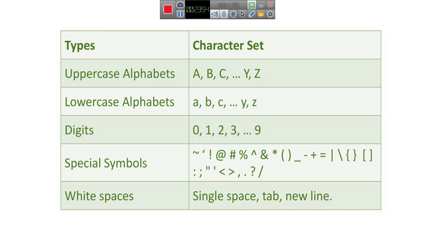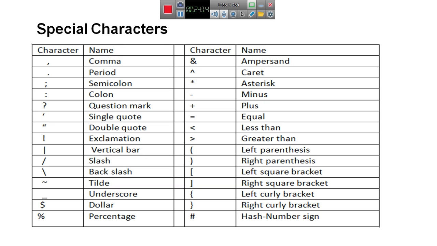The total character set: capital A to Z, lowercase alphabets a to z, and the digits 0 to 9, and the special symbols. These are the special characters or special symbols.